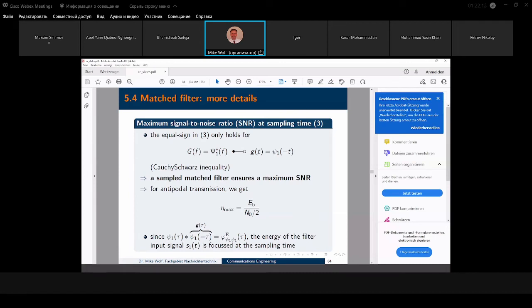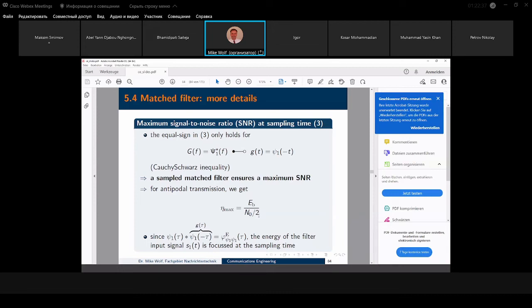But from now on we want to simplify this. So this means this is an optimal solution, maximum signal to noise power ratio. In this definition, as the ratio of the signal power to the noise power, it would be EB by N0 by 2.